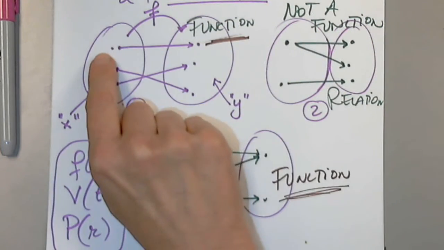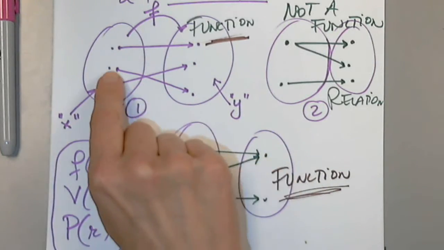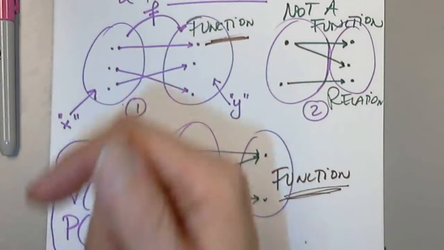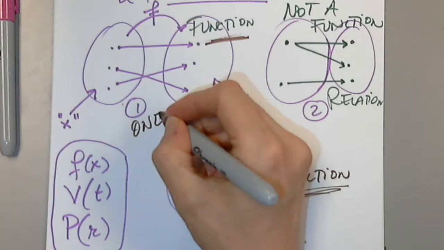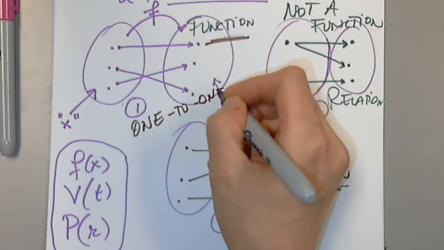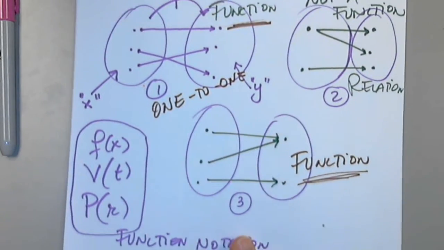To each x, only one y. Can I create a function going backwards? That's why this function is called one-to-one. Meaning, to each y, it corresponds only one x. Even the reverse is possible.